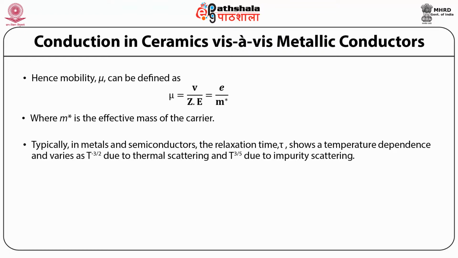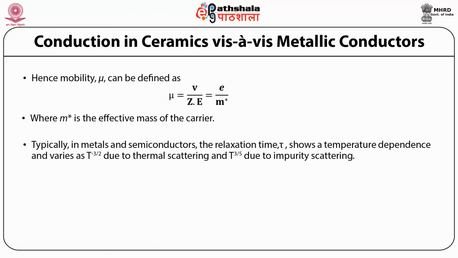In metals and semiconductors, and high-mobility ceramics, the electrons and holes are considered as quasi-free particles with a drift velocity Vd, which is acquired under an applied electric field. The extent of this drift velocity is governed by various scattering phenomena such as scattering from the lattice.